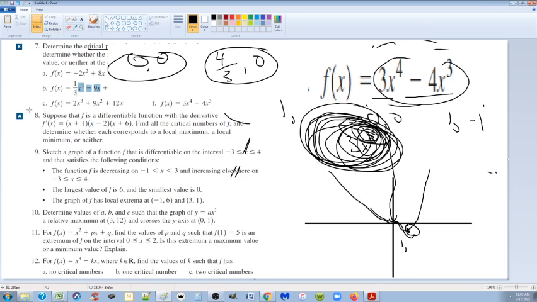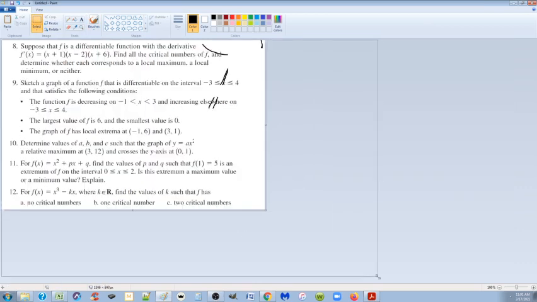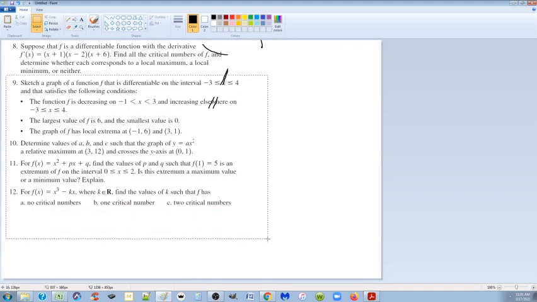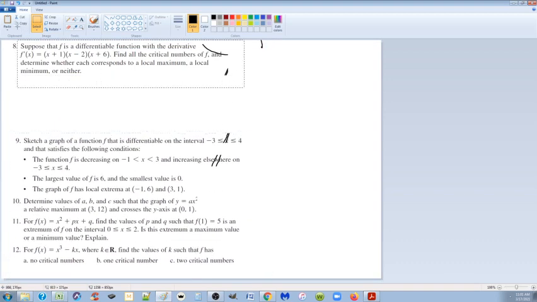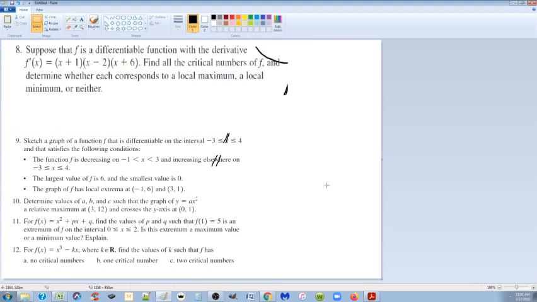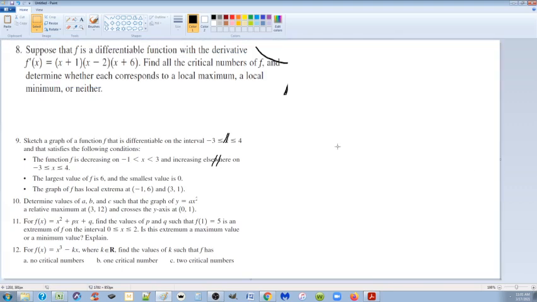Oh, one of these puzzles here. It's giving us the derivative. And since this derivative is a cubic, we're dealing with something that's to the power of 4.